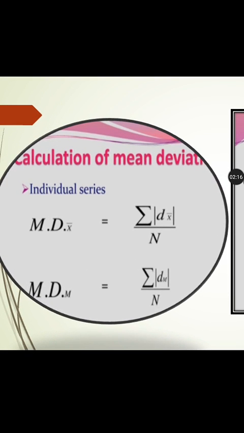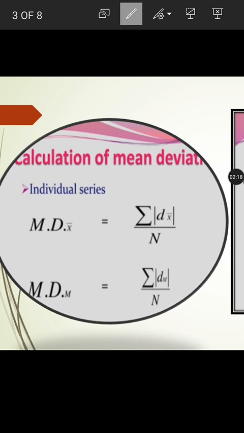Can you see that clearly? x bar means that mean deviation is calculated from mean, and m means we are going to calculate the mean deviation from median. We are going to calculate mean deviation either from mean or median. So here the formula is the same, that is summation d bar, which we represent within two lines, d bar, summation d bar by n.